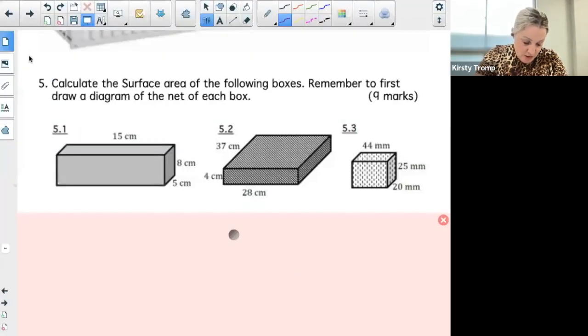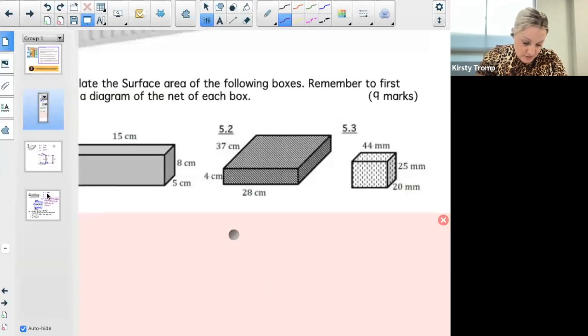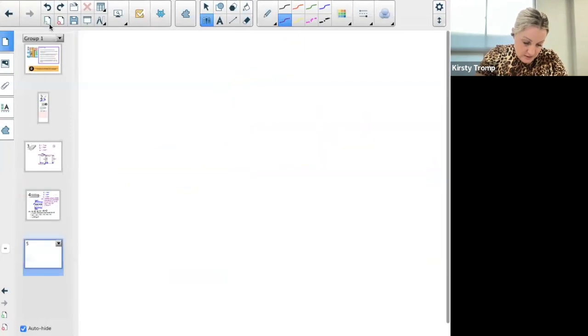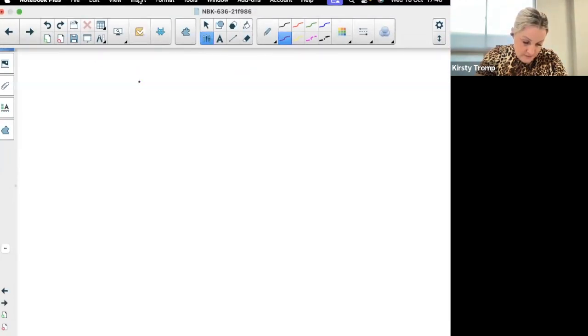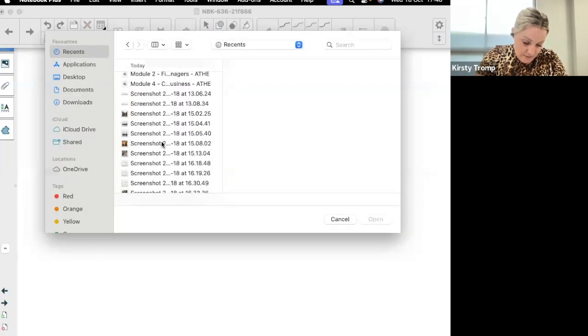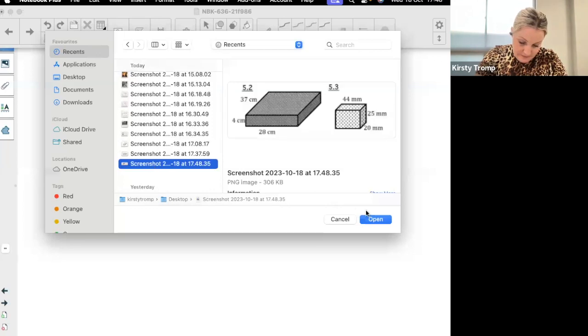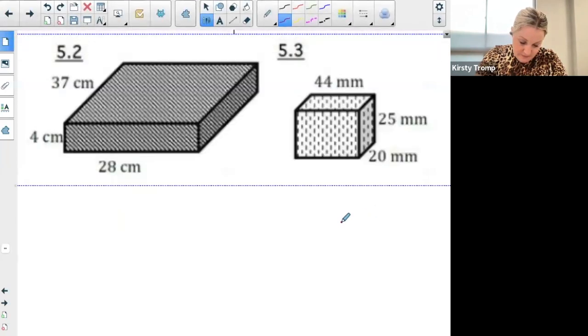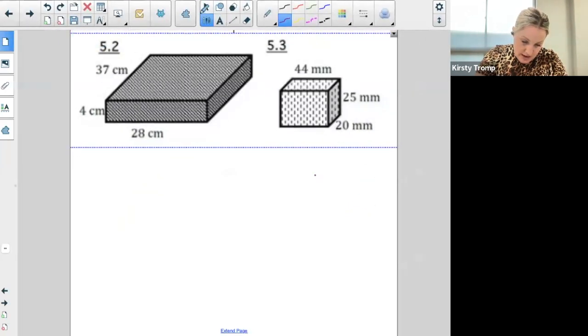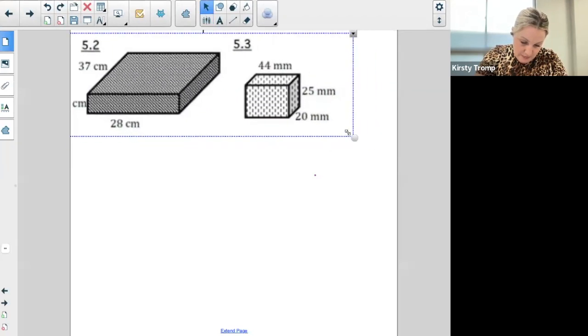I'm going to take them to a new page for you, so that we've got plenty of space to do them on.